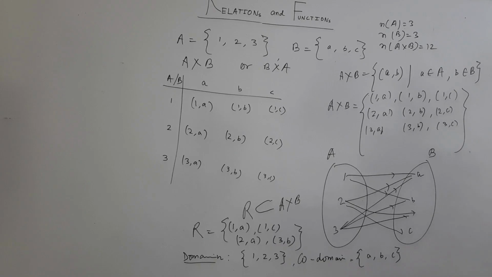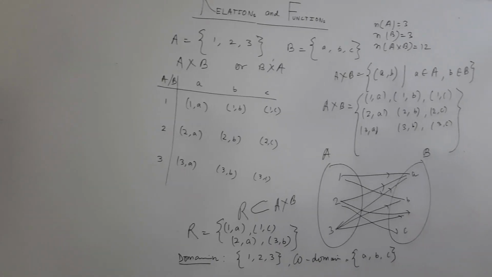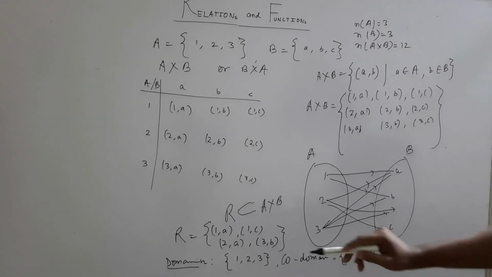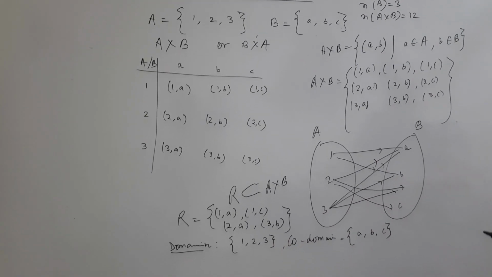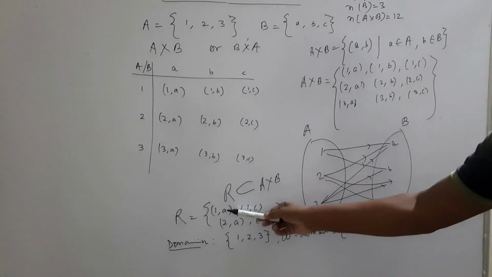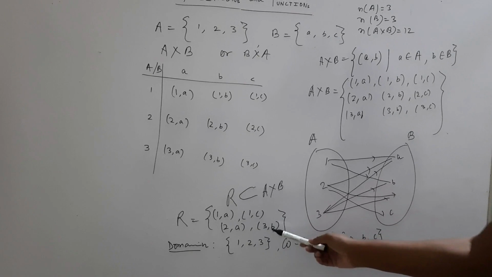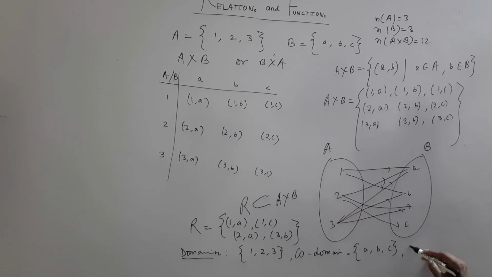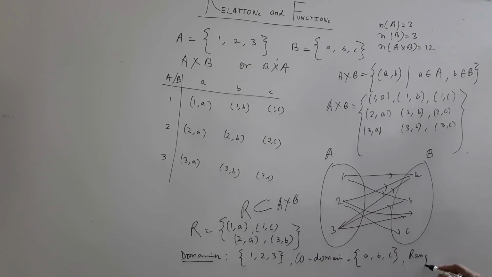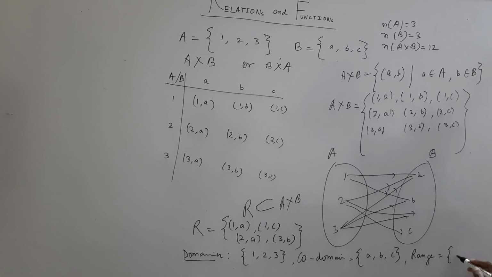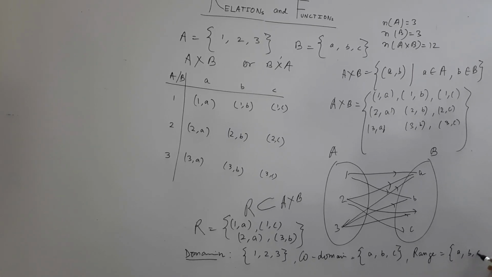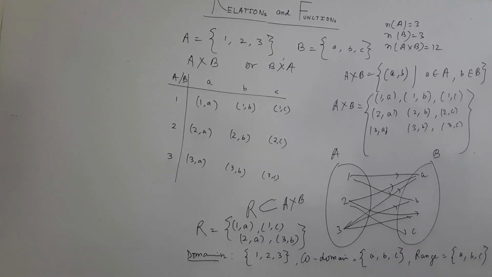And what will be the range? Range will be all those second elements which are connected in the relation. So a is connected, c is connected and b is connected. So our range is also a, b, c.